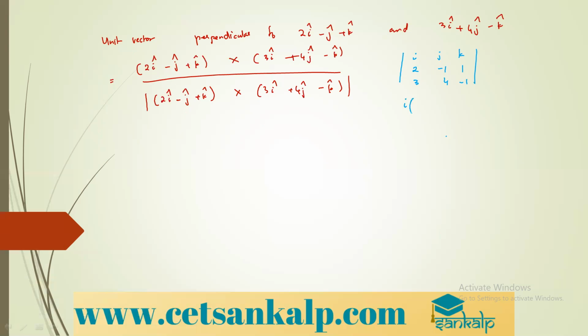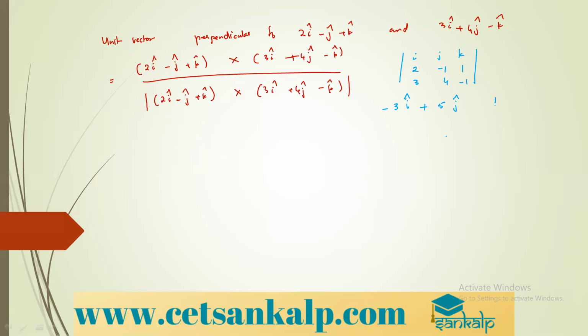I'll skip one step and write directly. The vector i will be multiplied with 1 minus 4, that is minus 3. Then the vector minus j will be multiplied with minus 2 minus 3, minus 5, so plus 5.